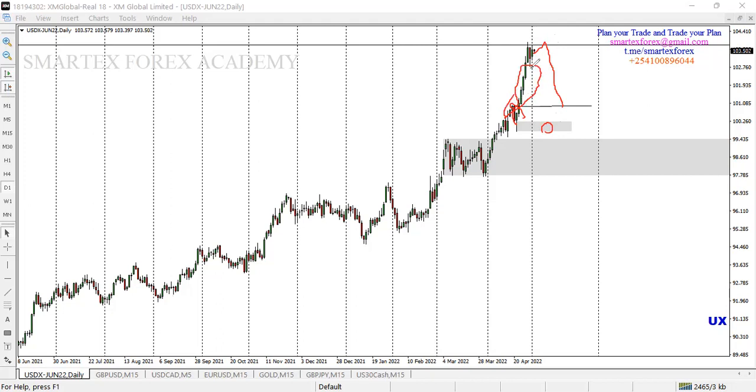This imbalance needs to be closed. So if they take out this high, we may see it drop a little to fill the imbalance before we proceed with the uptrend.